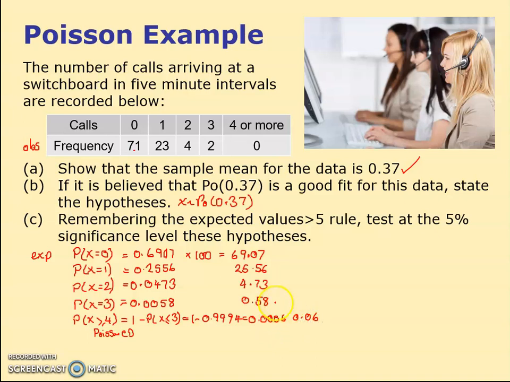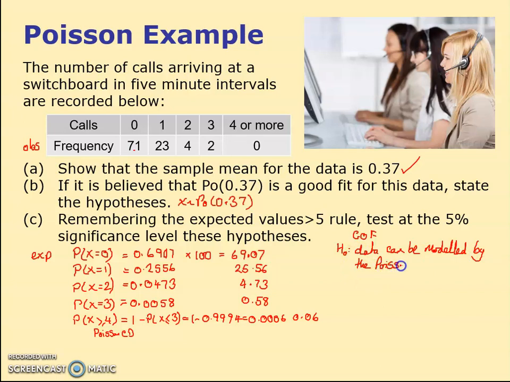0.06. So now look, we're going to want to do a GOF test on this, and that's what this is. It says, test your hypotheses. I suppose our GOF test will start off saying H0: the data can be modelled by the Poisson distribution.